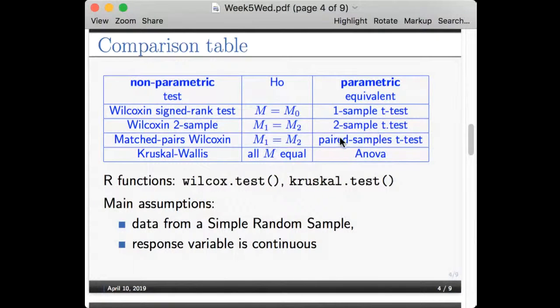There's a matched pairs Wilcoxon corresponding to the paired sample t-test, and there's the Kruskal-Wallis, which tests that all the medians are equal, and that's equivalent to the ANOVA. So it's quite easy. There's just a direct equivalent non-parametric test for each parametric test that you've learned.